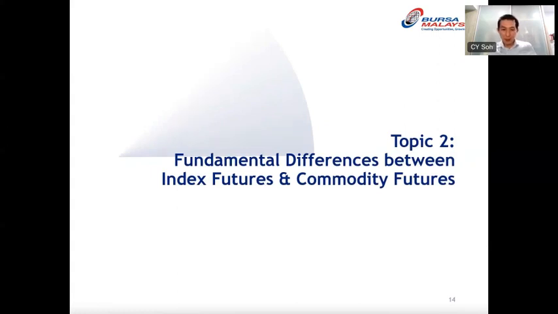Now, the second topic is that different types of futures markets require different types of fundamental analysis, so you will be looking at a different set of information. It's important that you are able to see the distinctions between the two different types of futures market in Malaysia, and it is crucial for you to select which market information is relevant for your analysis, because with the advances of technology, there is too much information in the market.